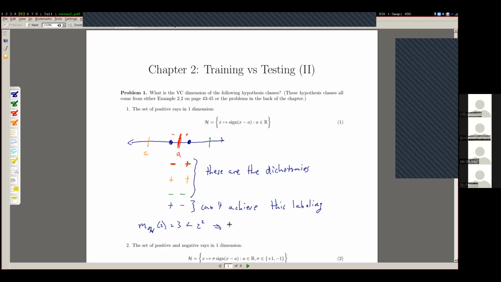And so the VC dimension must be strictly less than 2. If we looked at a single point data set, so pick whatever point you want, it's easy to get either dichotomy.